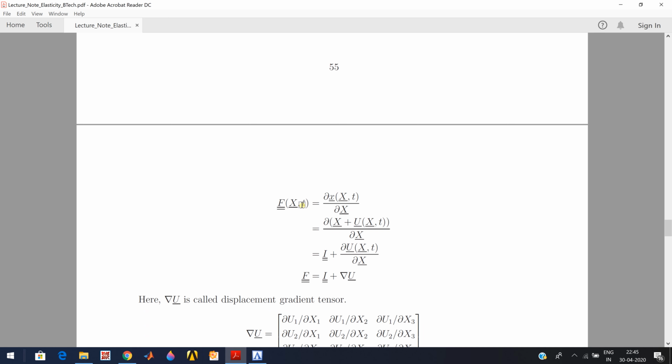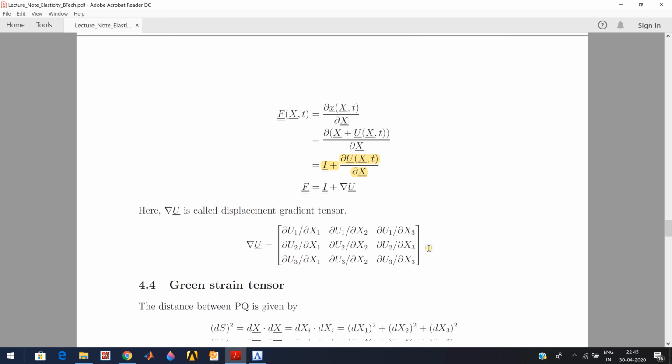So F is just a partial derivative of small x with respect to capital X. That's what we have seen. And then the small x is nothing but capital X plus capital U, and from there you will get this relation.